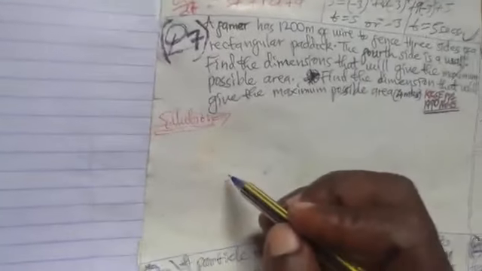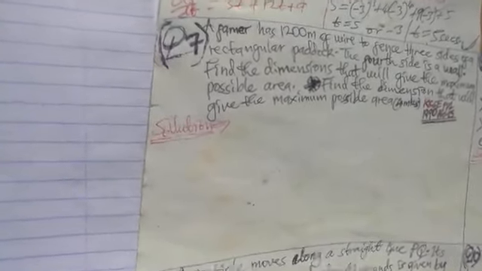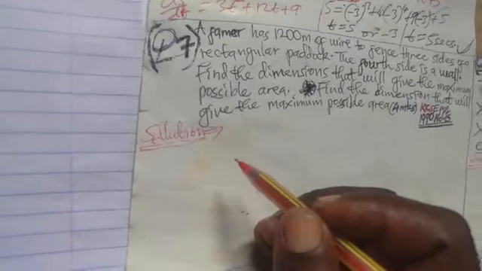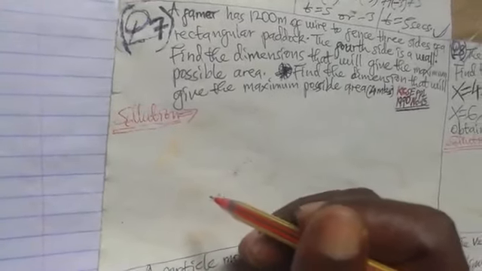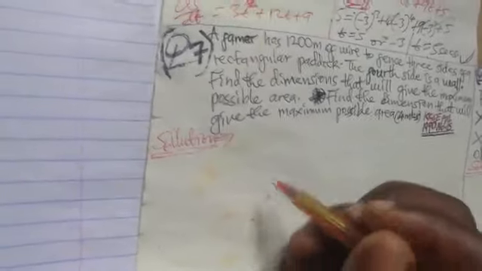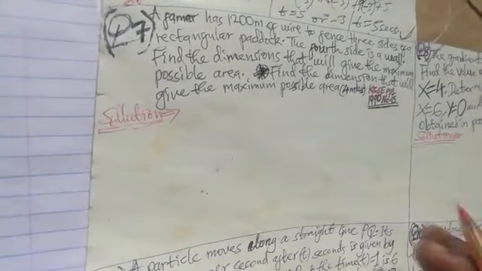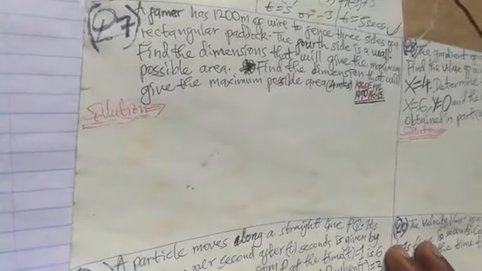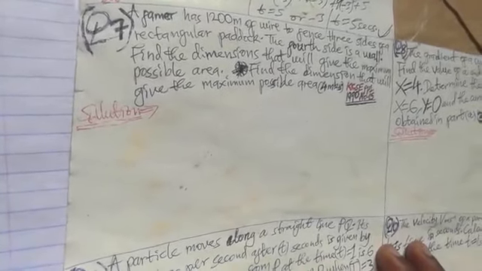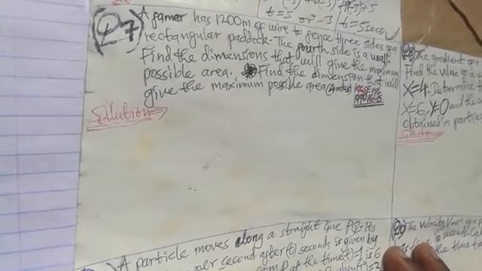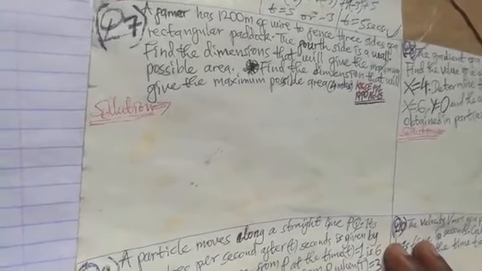Here we say solution. Let the length of the rectangular paddock be L and the width be W. Then we need to find the values of L and W that will maximize the area of the paddock.